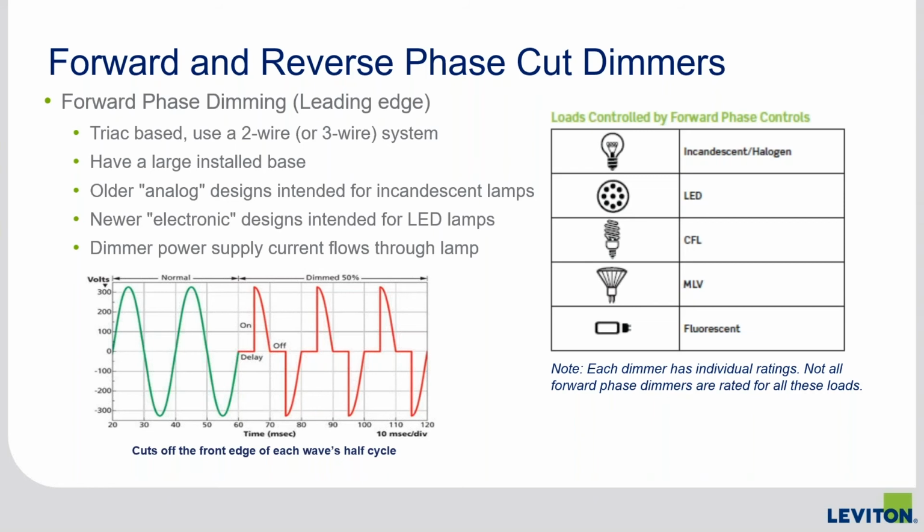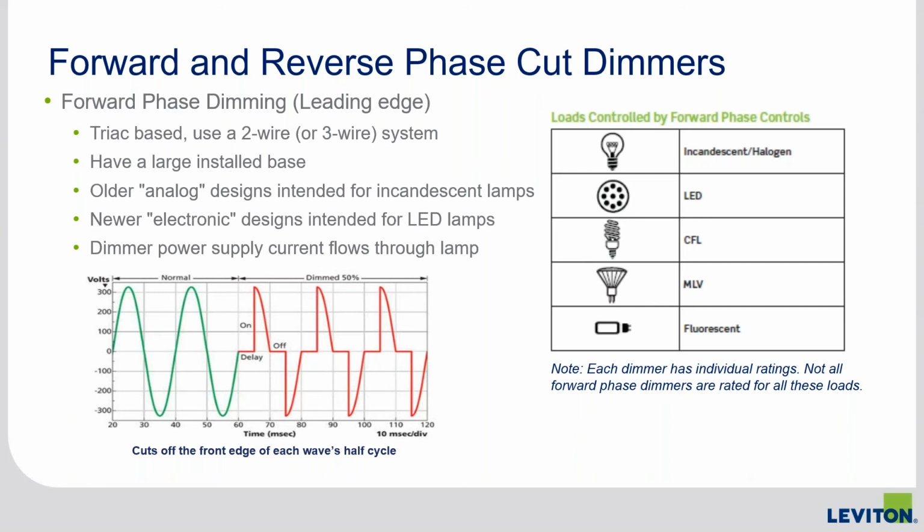Like I mentioned, in 2-wire situations, it takes a little bit of power in order for the dimmer to do this switching or to light up an LED or whatever it may be on the device. And that power is then transferred through the load to get back to home or to get back to neutral. Forward phase controls are incandescent, LED controls many of the time, CFL, magnetic, and then fluorescent.